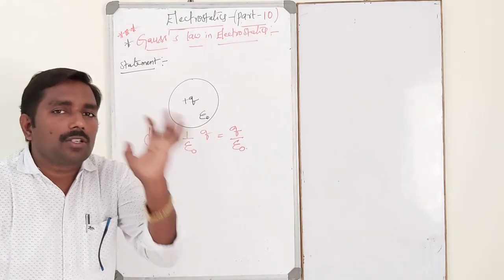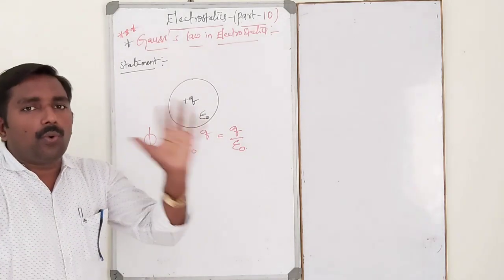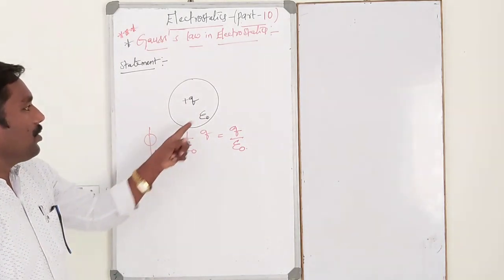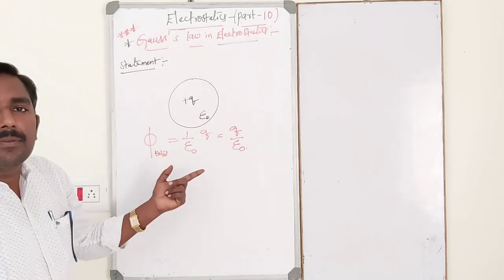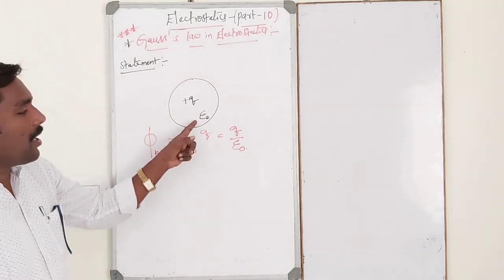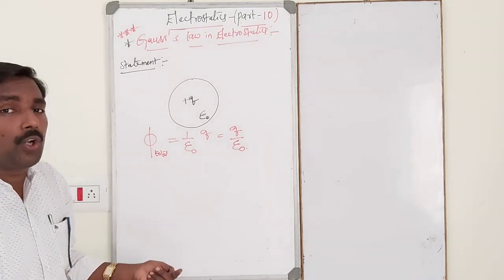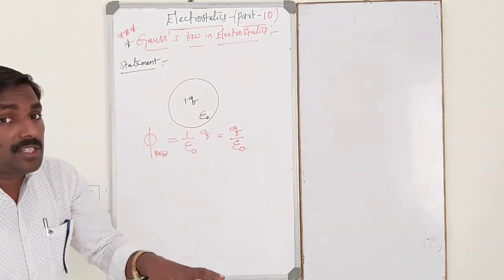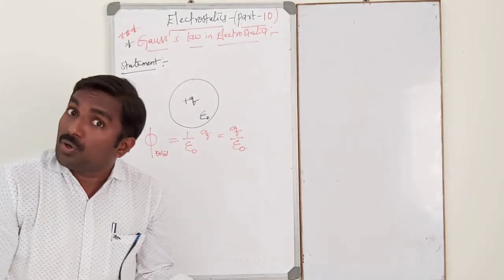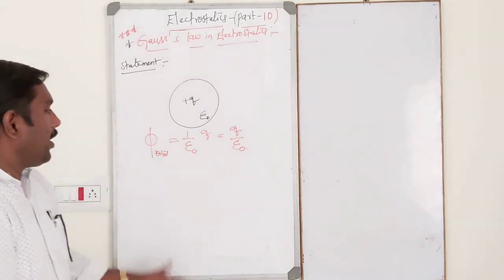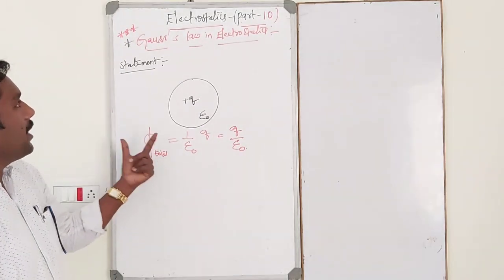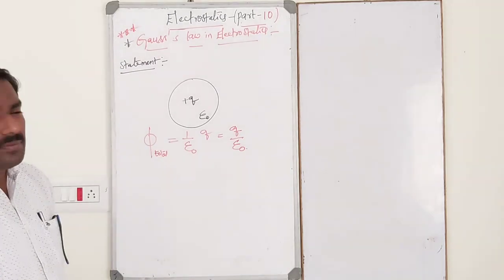Here the charge is Q, so the total charge is Q1. Inside, which is the medium? Air is the medium, and epsilon naught is the permittivity of free space or vacuum. If the medium changes, the value of epsilon also changes. That is the statement of Gauss law.